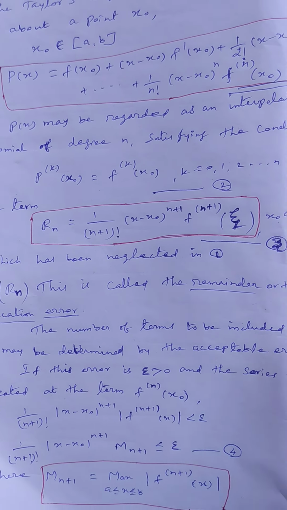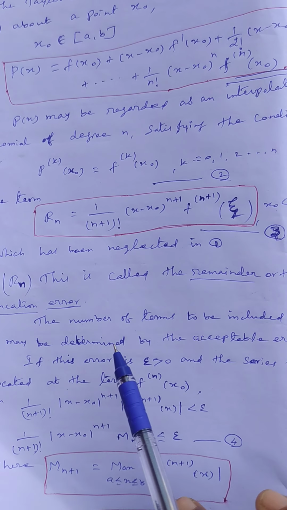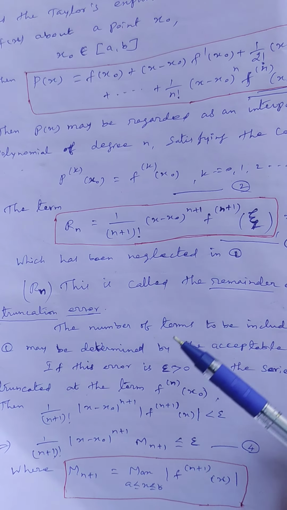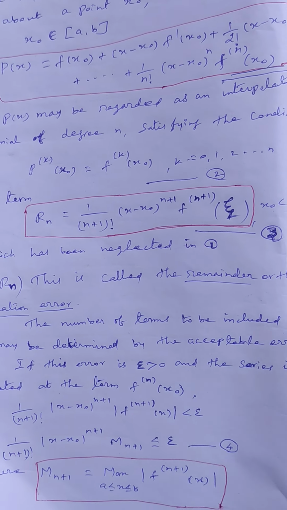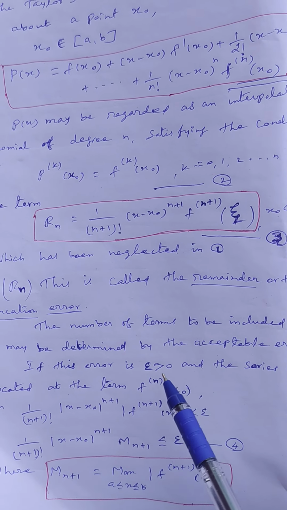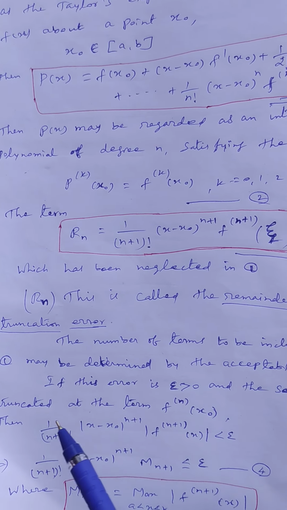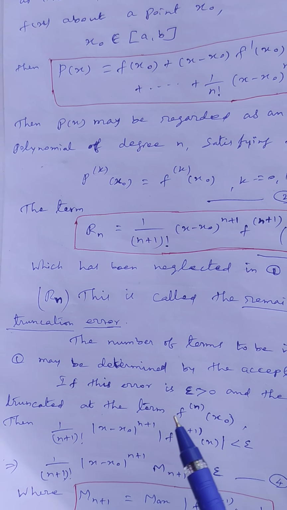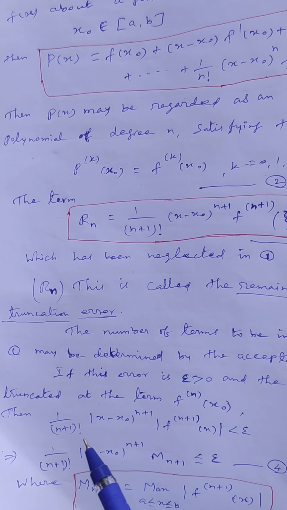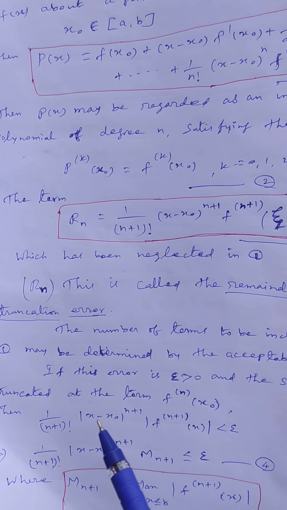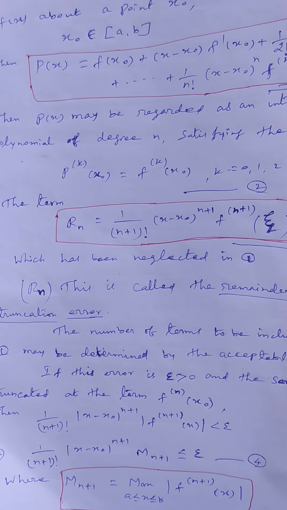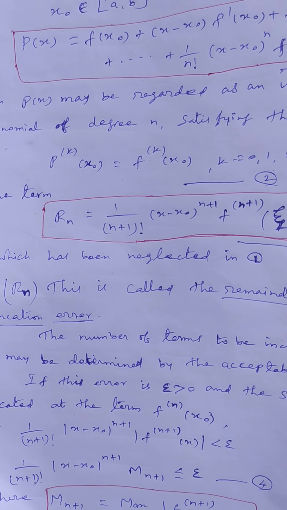The number of terms to be included may be determined by the acceptable error. If this error is epsilon greater than 0 and the series is truncated at the term f^(n)(x0), then 1/(n+1)! |x - x0|^(n+1) |f^(n+1)(x)| is less than epsilon.